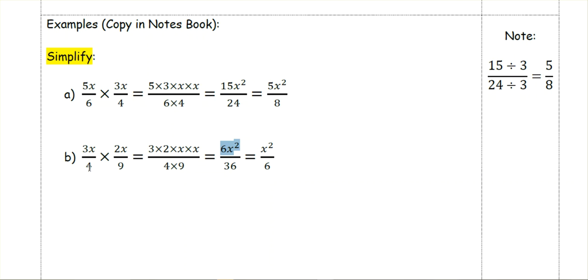On the bottom, we have 4 times 9, which is 36. And then we have 6x squared over 36. We need to simplify from here. So divide the top and the bottom by 6, which gives us 1x squared over 6, which is x squared over 6.